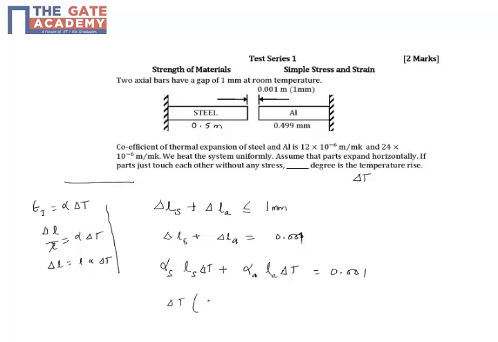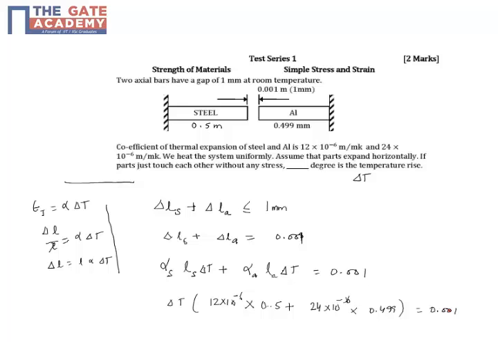Now alpha S is 12 into 10 power minus 6 per Kelvin, into the length of the steel, 0.5 meters. Aluminum is 24, twice the coefficient of expansion of steel, into 0.499. This is 0.499, and this is 0.001.